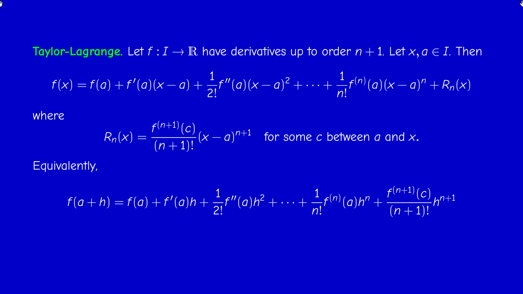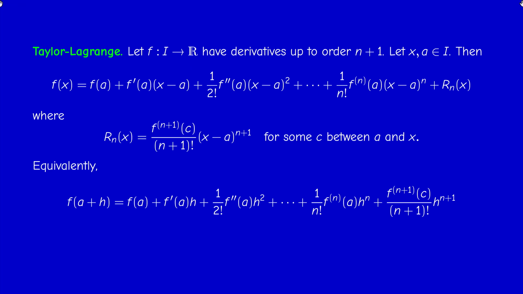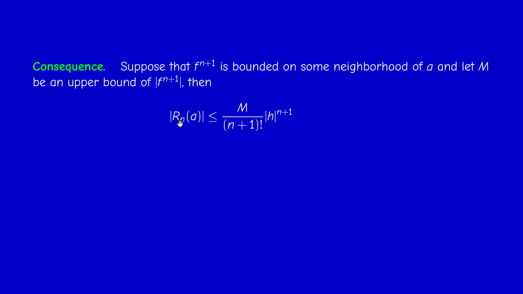And we would like to show that the remainder tends to 0. So if we know that the n plus 1 derivative of f is bounded by some constant M, then the absolute value of the remainder, this is R_n of x, is bounded by this constant divided by n plus 1 factorial, which is a constant, times h to the power n plus 1.